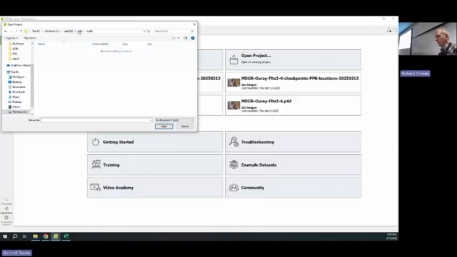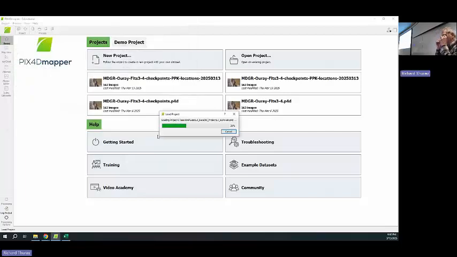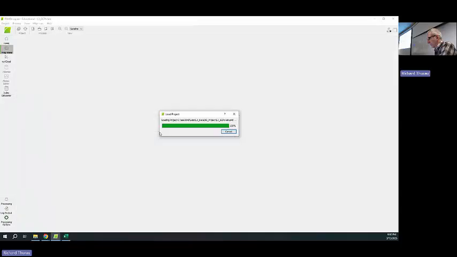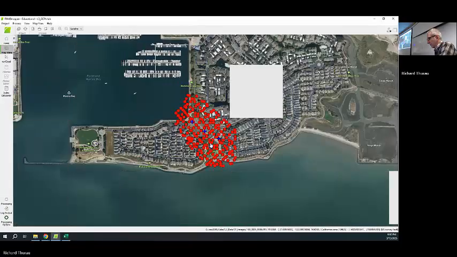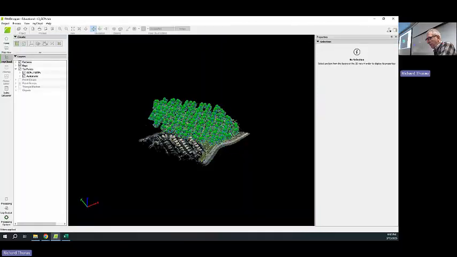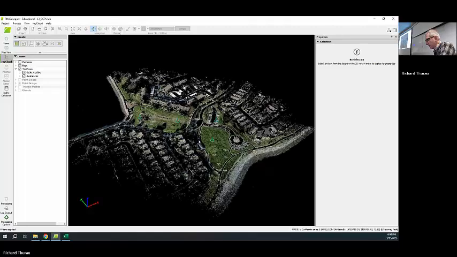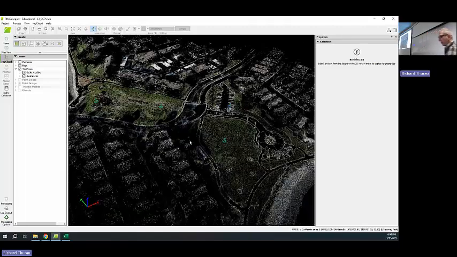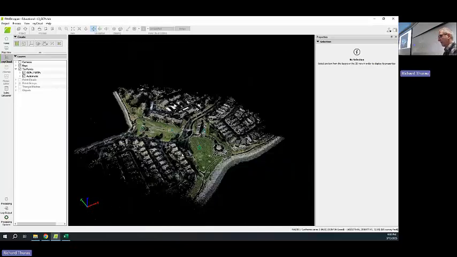Let me see. If you look at the whole project area, this is the way I was thinking about it when I made that question.